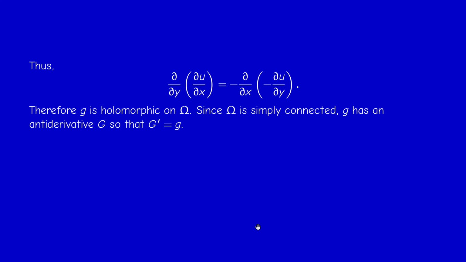So g is holomorphic. Now, since omega is simply connected, any holomorphic function has an antiderivative.